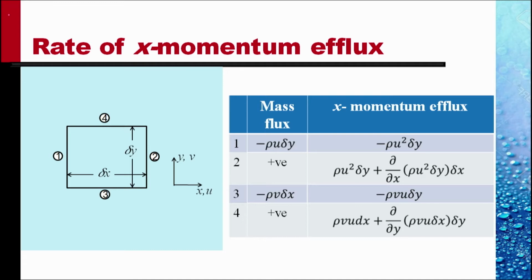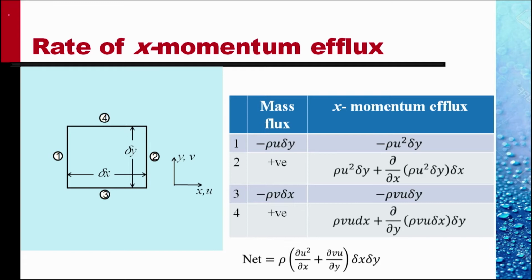Negative because it's an influx. And the x momentum flux across this surface is this mass flux times the horizontal velocity u. So it's minus rho vu delta x. Then across surface 4, delta y distance away in the y direction, it is again obtained by the Taylor series as rho vu delta x plus del by del y of rho vu delta x into delta y.